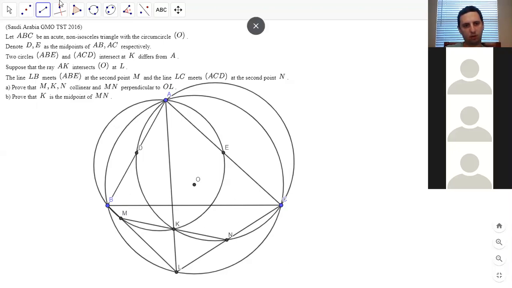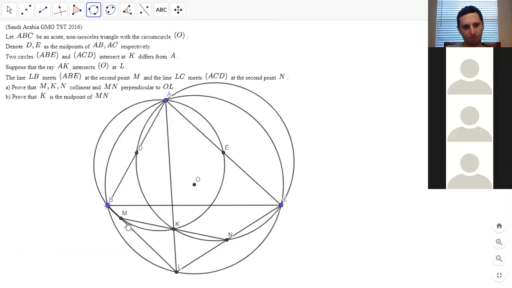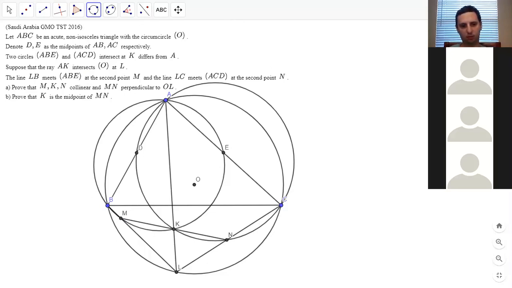Yeah, so because after the inversion, LACB is cyclic. So we kind of know LACB is cyclic by definition, right? Yeah. So B transfers to M, A transfers to K, C transfers to N. So MKN must be collinear. Okay, so yeah, you thought about it by inversion.